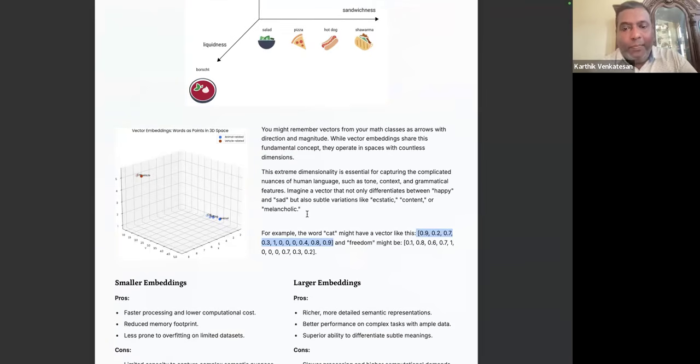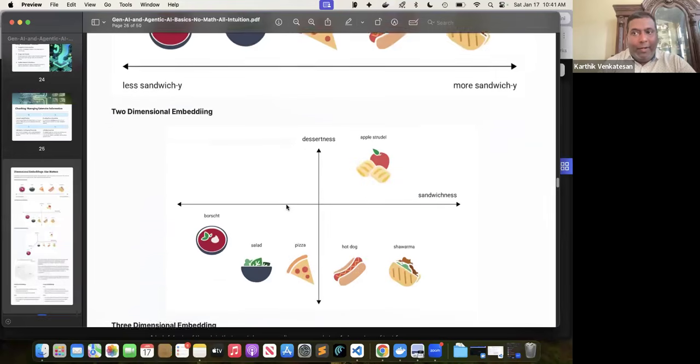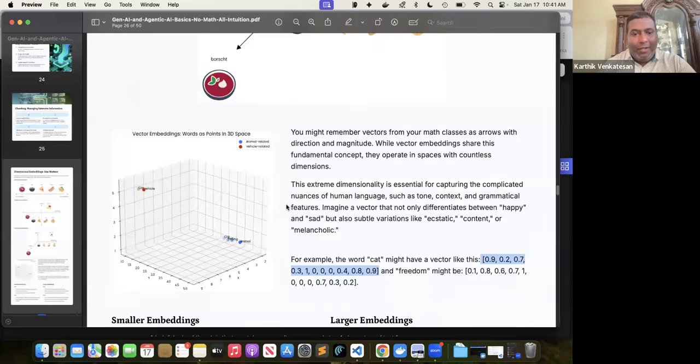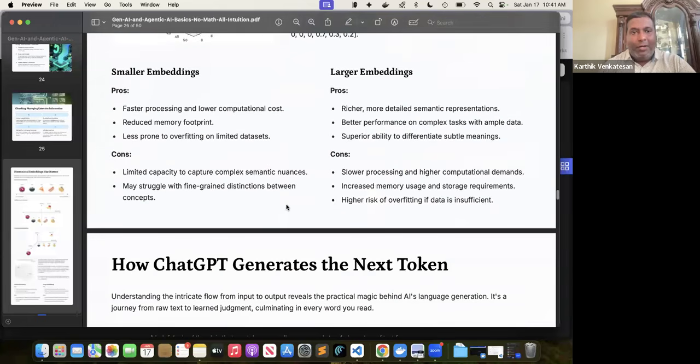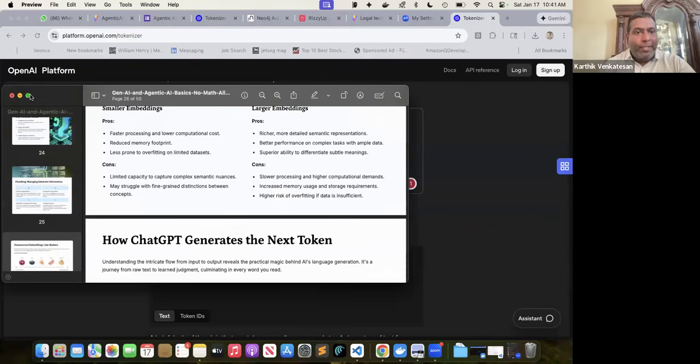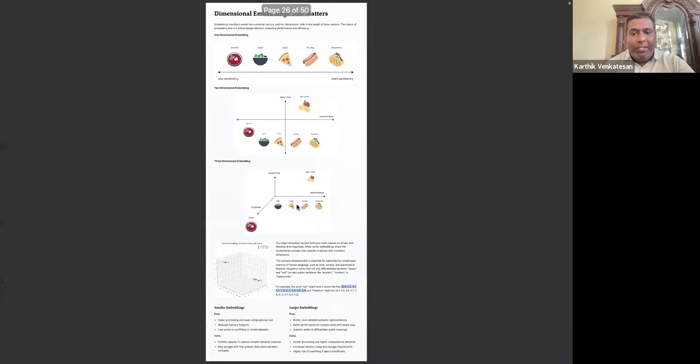Again, we are getting a little bit complicated. In the interest of a diverse audience, I'm going to limit to this. It has pros and cons. If you choose smaller embeddings, you use less storage space, but the accuracy may not be 100%. Whereas larger embeddings take more space, and the accuracy will be higher.